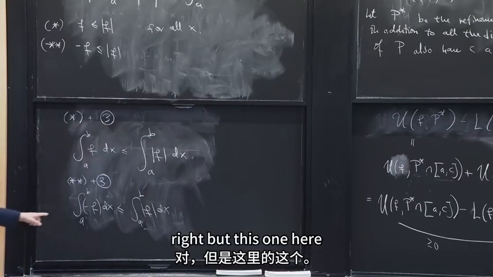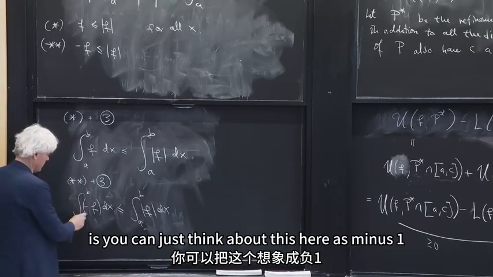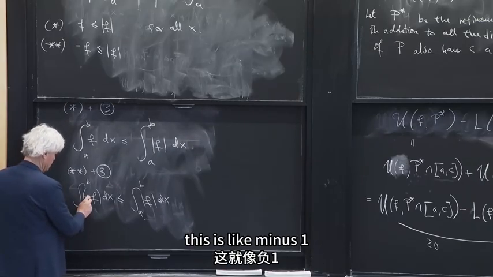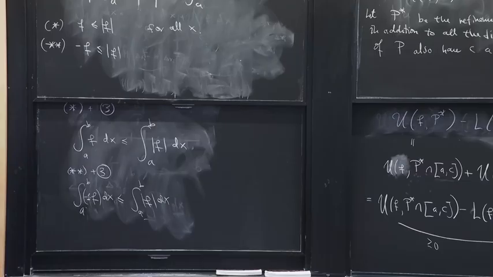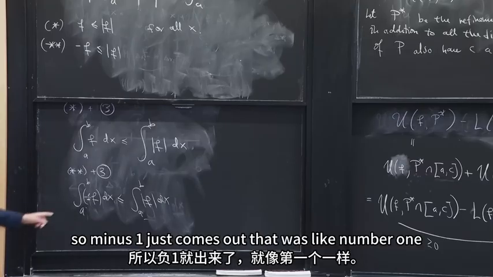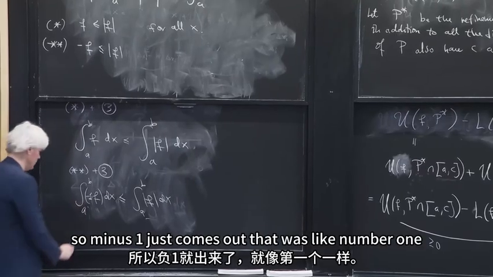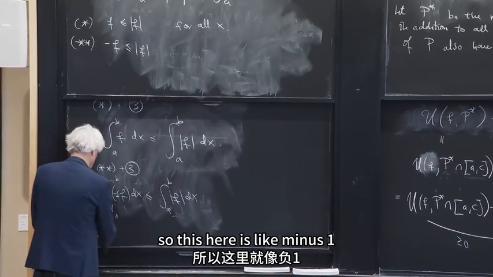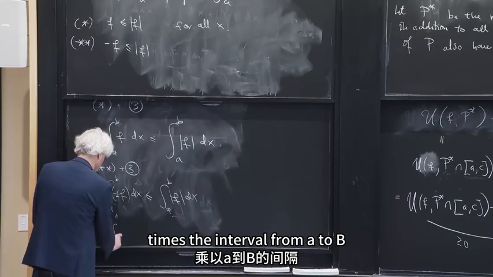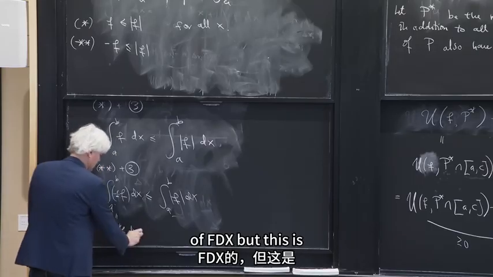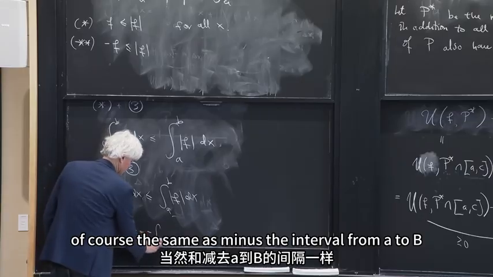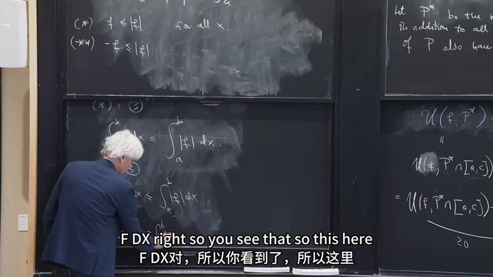But you can just think about this as minus 1 times this function, so minus 1 just comes out. That was property number 1. So this is minus 1 times the integral from a to b of f dx, which is the same as minus the integral from a to b of f dx.